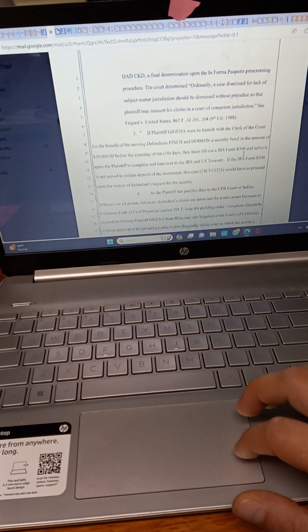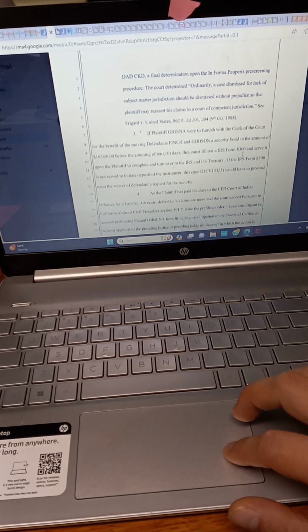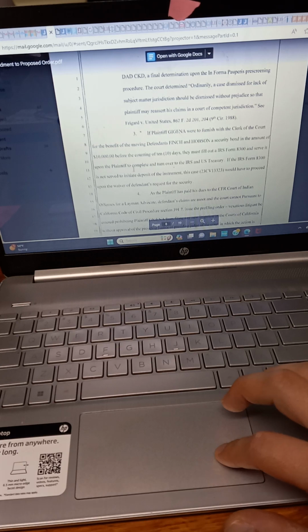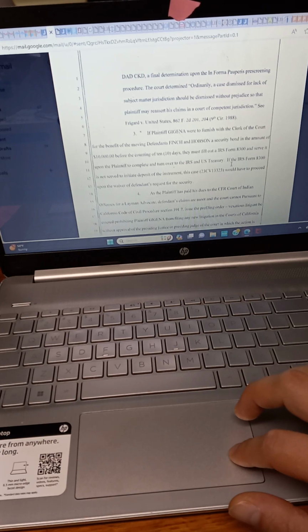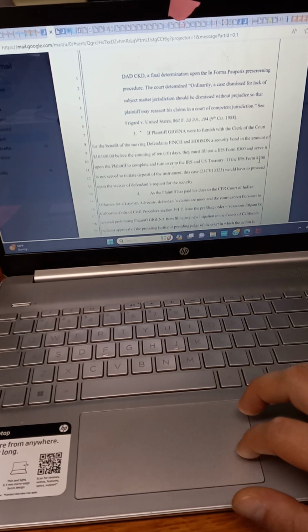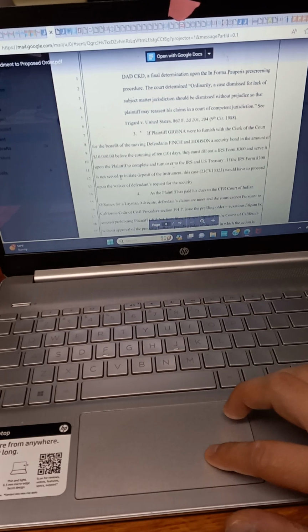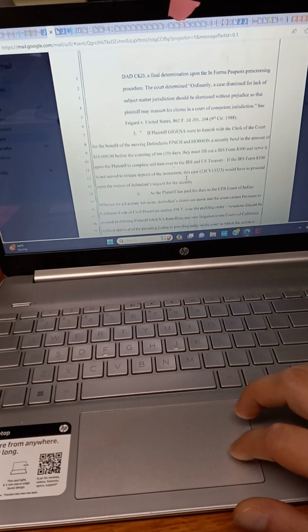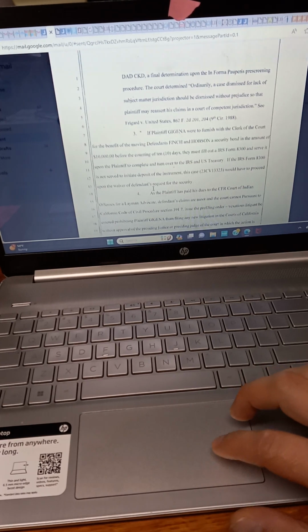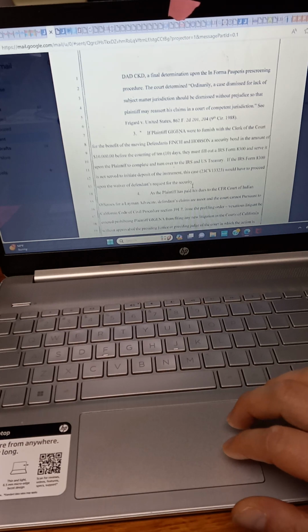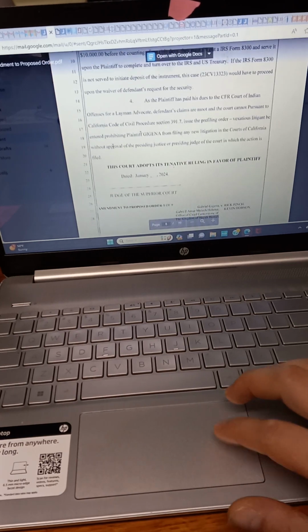And it's a suspicious activity report as well, and serve it upon the plaintiff to complete and turn over to the IRS and U.S. Treasury. If the IRS form 8300 is not served to initiate deposit of the instrument, this case would have to proceed upon the waiver of defendant's request for the security.